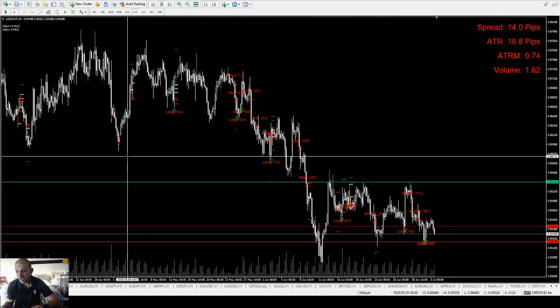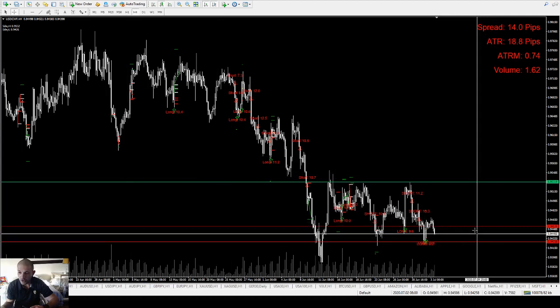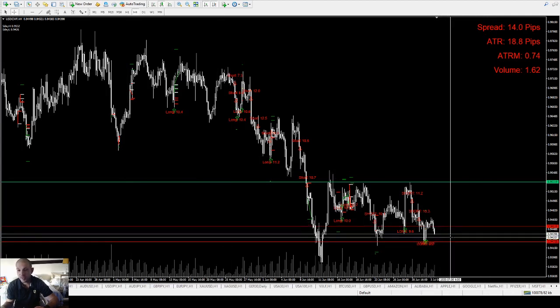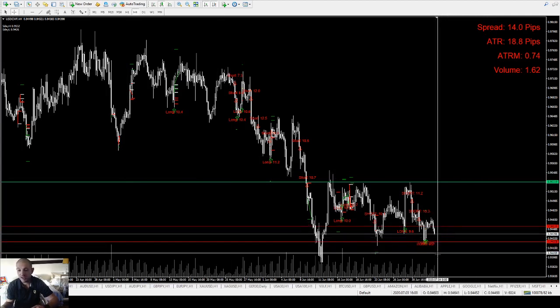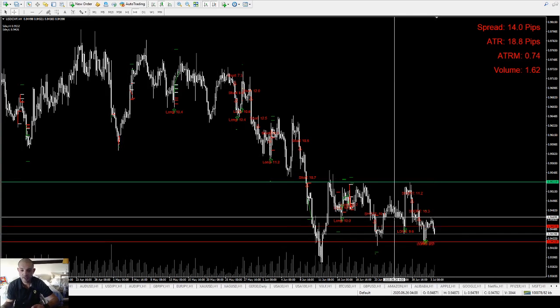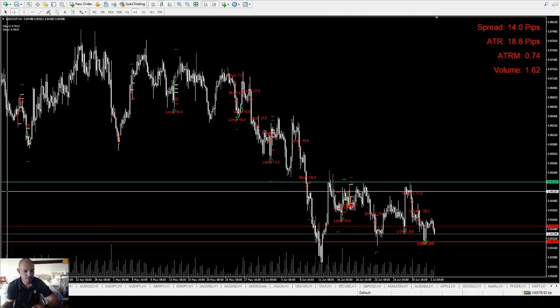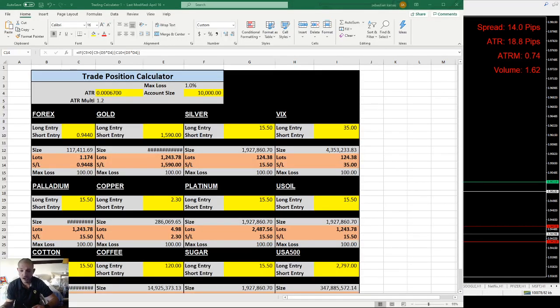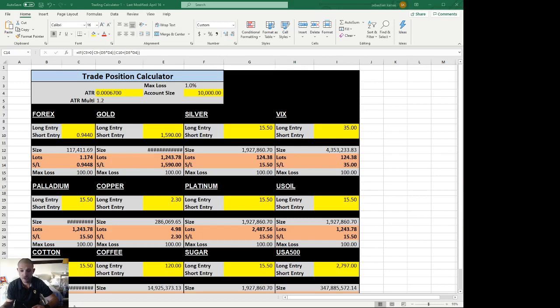And it's close to the bottom of the range as well. If it's going to go in my direction, I'd like it to go there quite quickly. Then in my calculator, I would actually probably use a 1.5 ATR because I want to have more exposure. I want more potential for profit. I want a bigger position size.